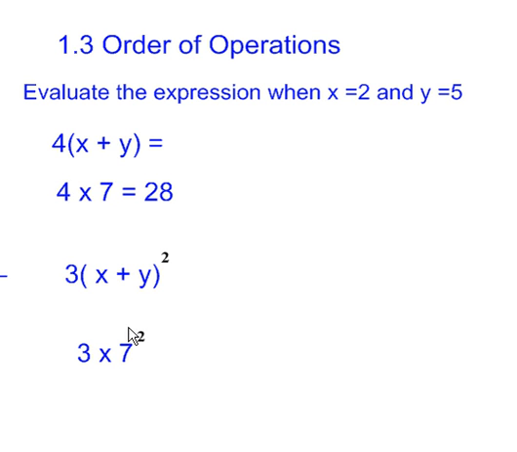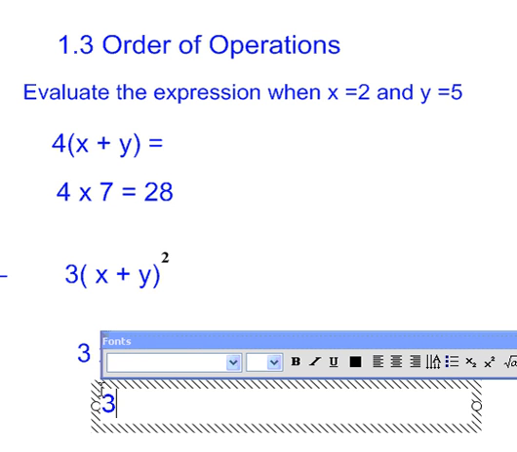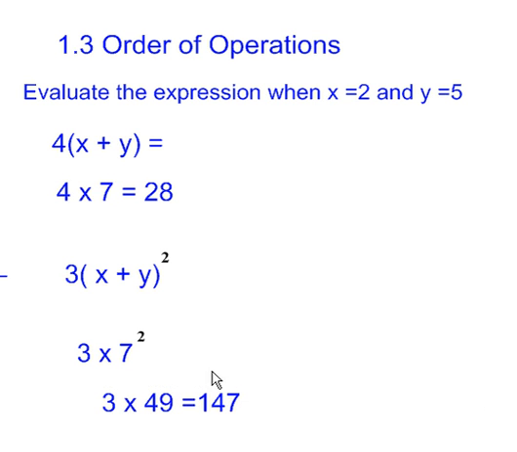Yes. And we have to do this exponent. So 7 squared is 49. So we can rewrite the problem as 3 times 49, and 3 times 49 is 147. So we'll type that in. And there is our solution for the second equation.